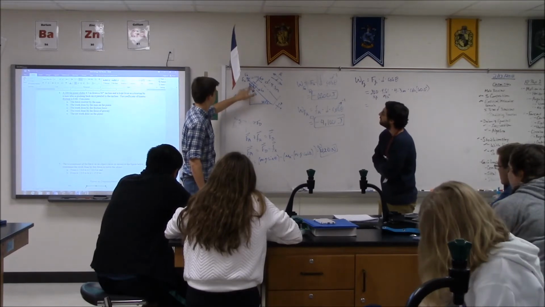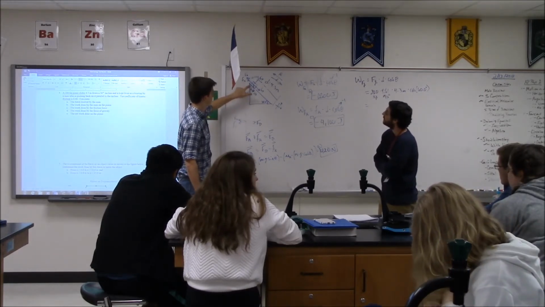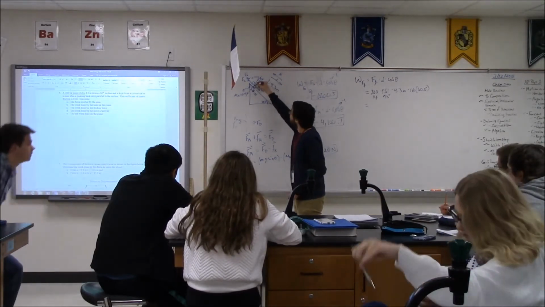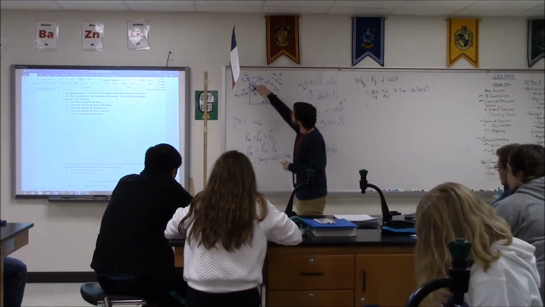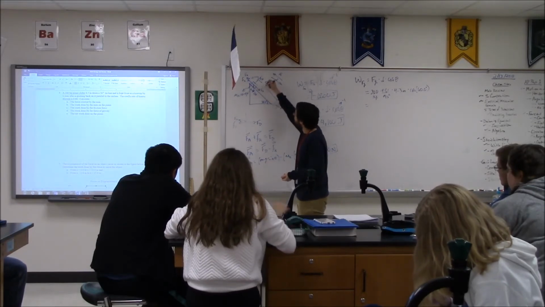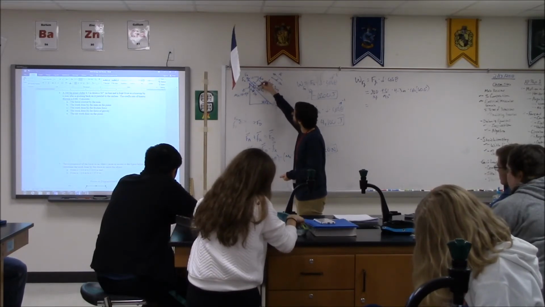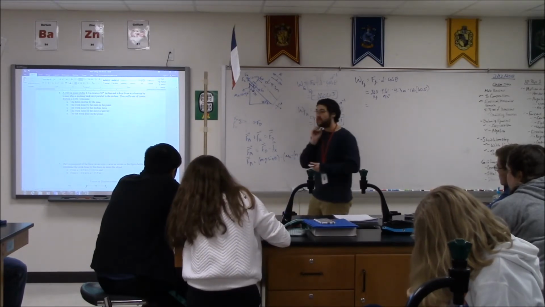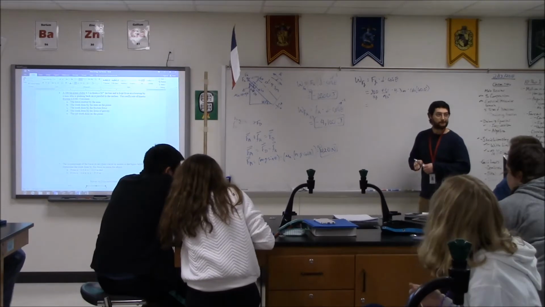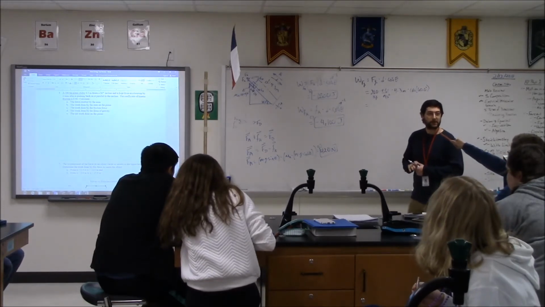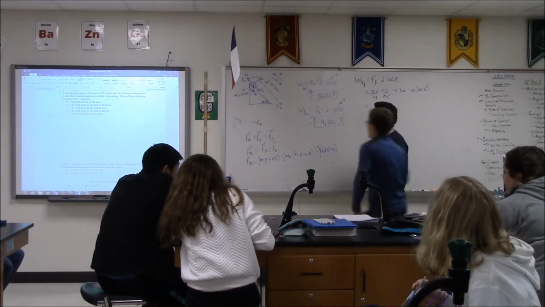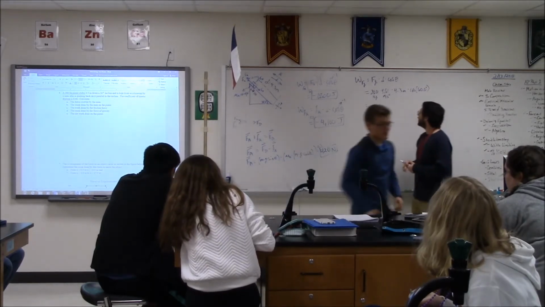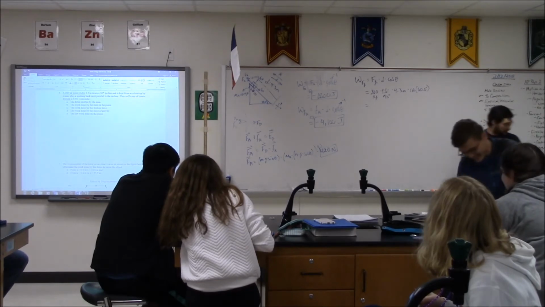Could we not just say that the angle is just the same as this one? Yeah, in this case, yes, of course that's true. I think you could. Is this angle always going to be that angle? Yes. Okay. So can I get an answer for that?